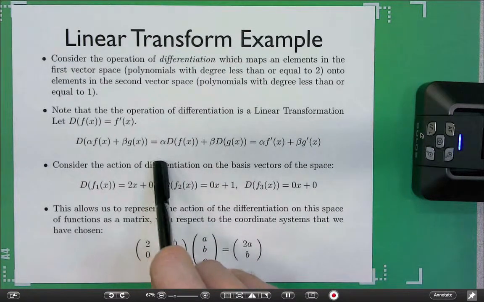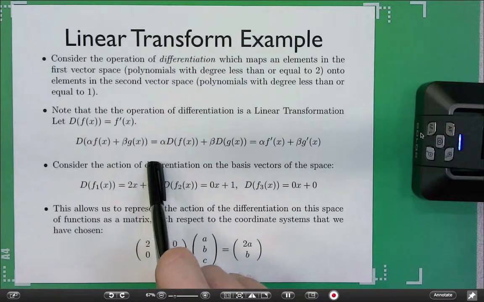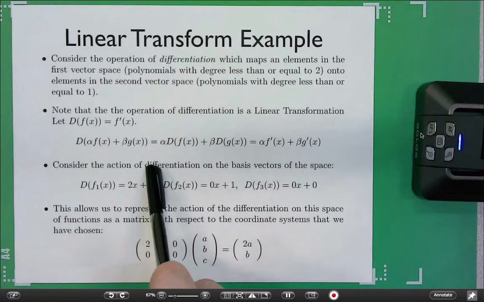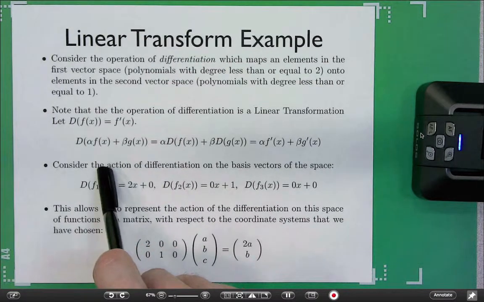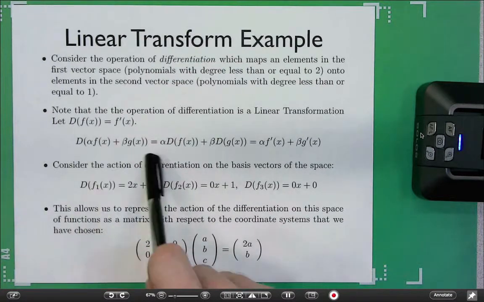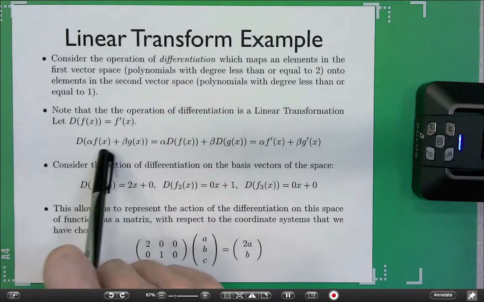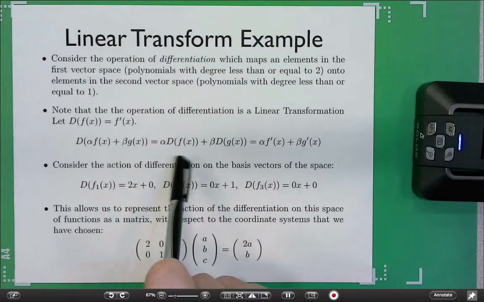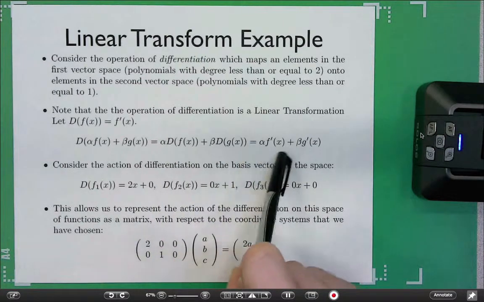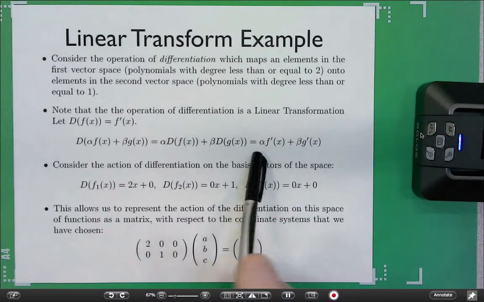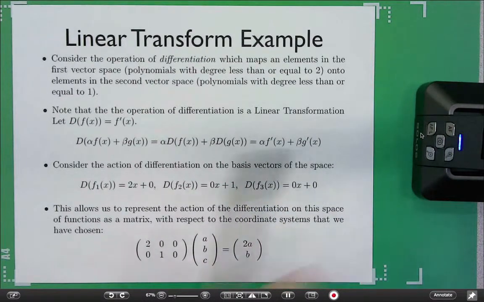If you don't, then you just have to trust me, because this follows from the properties of differentiation. If I differentiate the sum and scalar multiplication of functions, it is the same as first differentiating the functions. So f prime and g prime mean the derivatives of the functions, and alpha and beta are just scalar multiplication and addition.